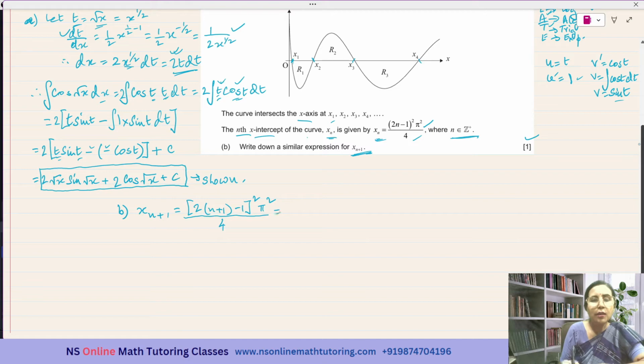Okay, so this is equal to 2n plus 2 minus 1, whole square pi square over 4, which is equal to 2n, 2 minus 1 is 1. So 2n plus 1 whole square pi square over 4. Okay. So this is the expression for xn plus 1.